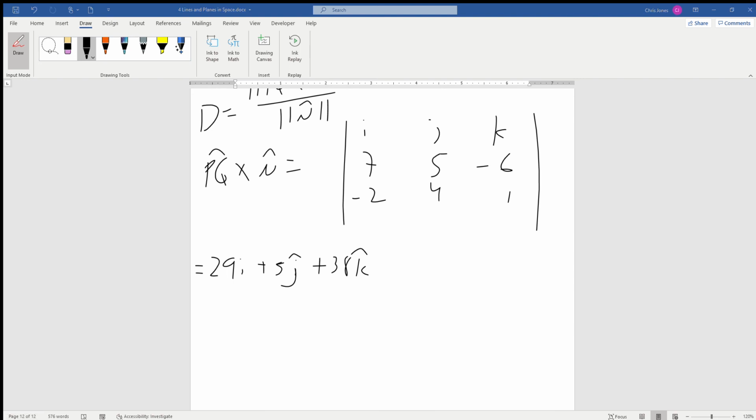And then mercifully we can find the magnitude of this. So for our magnitude, the magnitude of PQ cross U is going to be equal to root 29 squared plus 5 squared plus 38 squared. So 29 squared plus 5 squared plus 38 squared is going to be 2310.